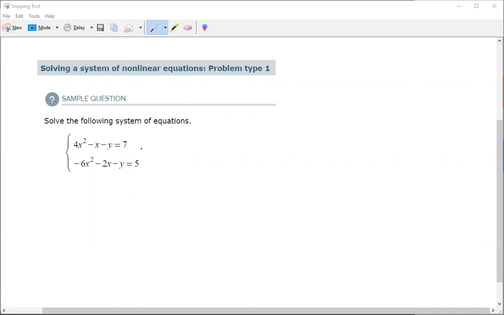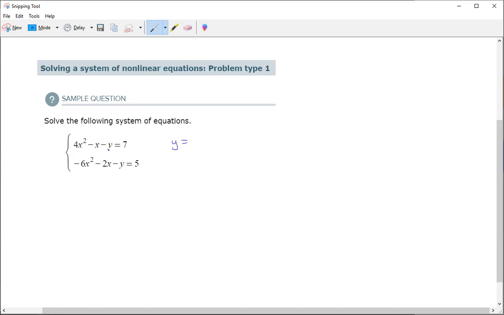So let's get started. All you're going to do is set one of them equal to y, and the other one equal to y. If I set this one equal to y, then if I move the y over here, I would have a positive.